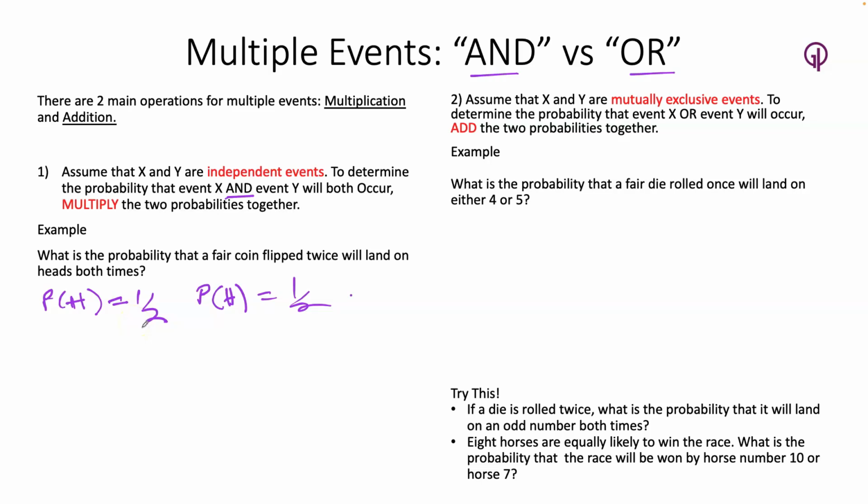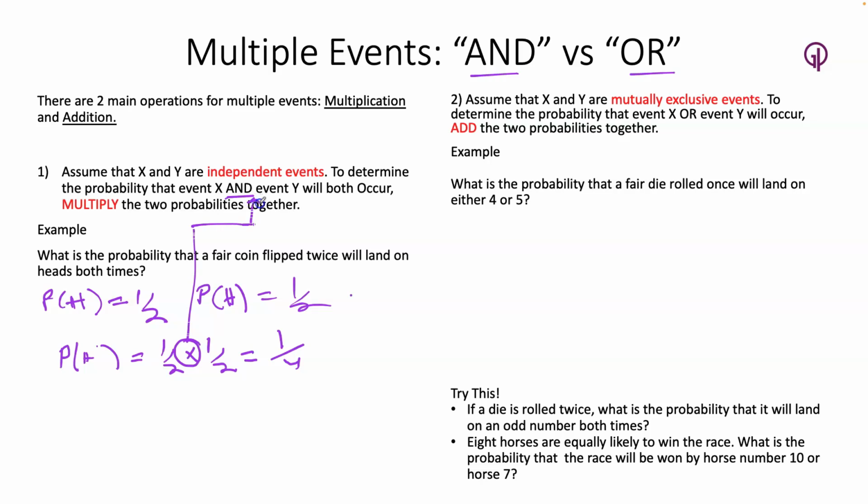Therefore, the probability that the coin will land on heads on both flips is what? Probability of landing heads on both flips is what? Half times half, which is what? 1/4.